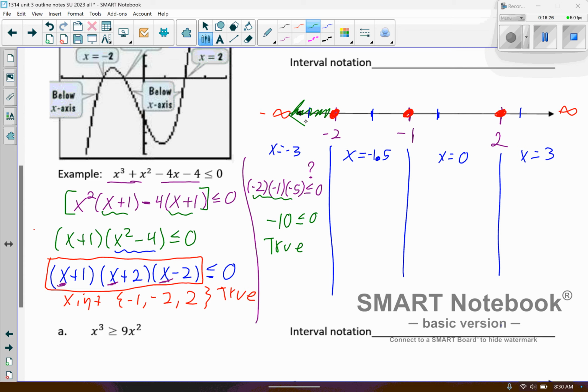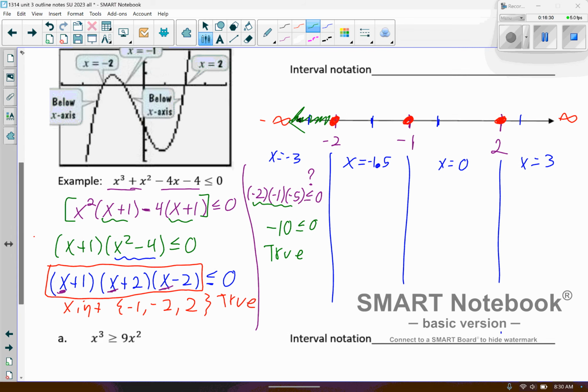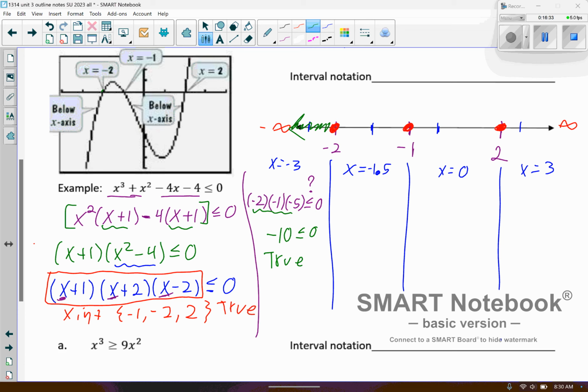Once again, on this first example, you won't always have the graph, but I supply the graph so we can see here. There's our x-intercepts that we already put on our number line over here. You can see that this is below the x-axis, so those are negative results. The y value is coming back as negative, and that's what we were looking for.